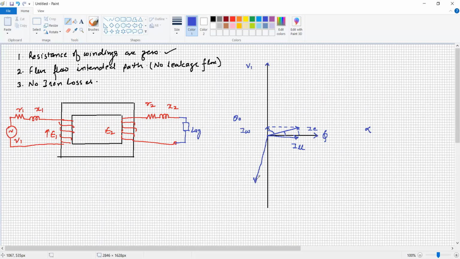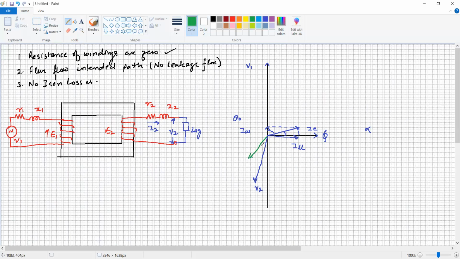Say this is the voltage V2, the voltage across the load. Definitely the voltage V2 is smaller than the EMF induced E2, because some losses are there, some voltage drop across the resistance and reactance. There is a resistive drop which is in phase with the current. The current is I2.